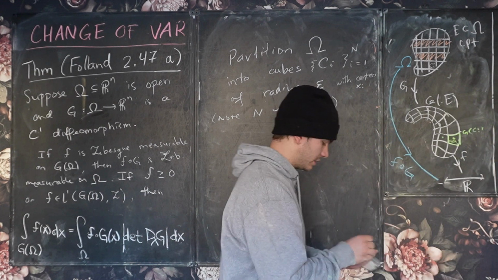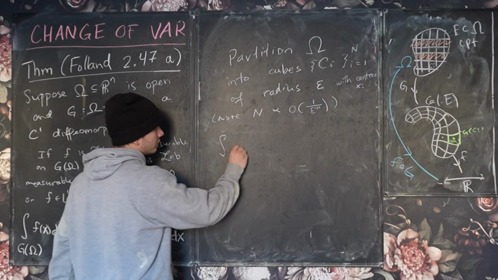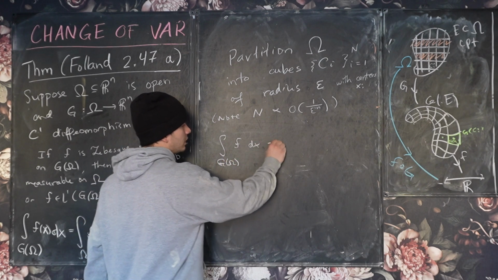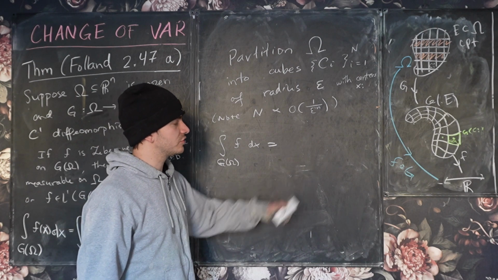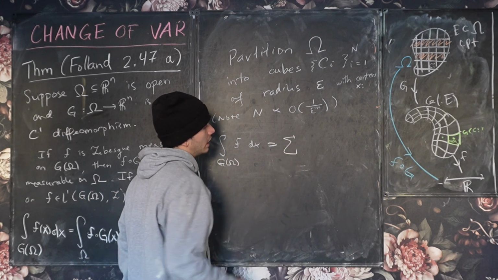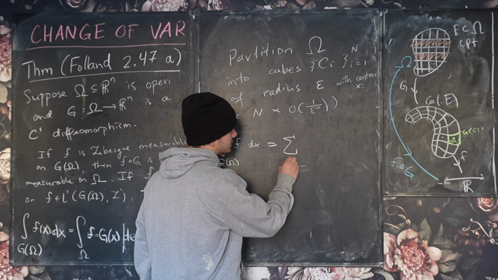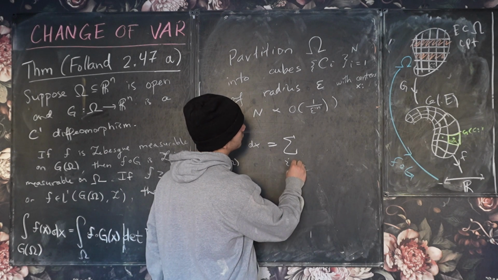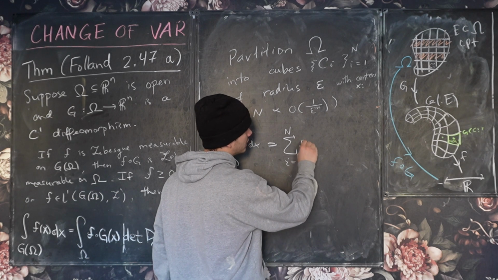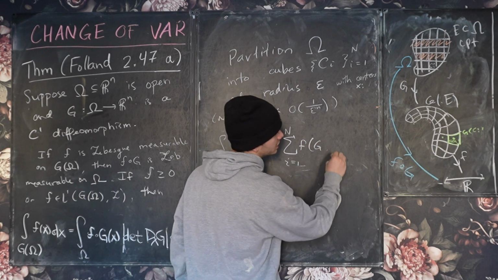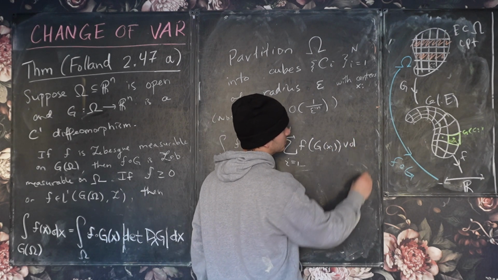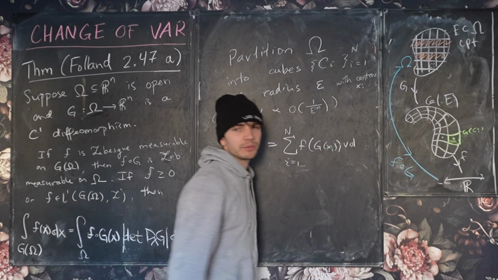I have centers for my partition, which are g of these cubes, these c_i's. So if I want to integrate f over g of omega, if this was a Riemann integral, I would take the sum over this partition, over i running from 1 to n, and I would take the value of f at the center, g of x_i, and then multiply by the volume of this region of the partition.